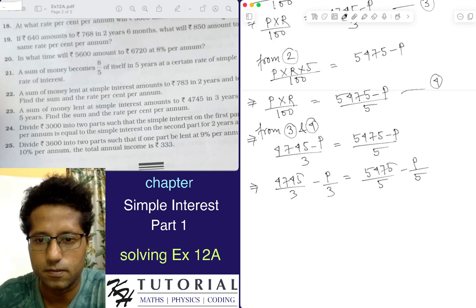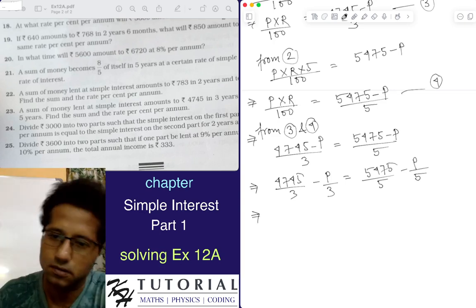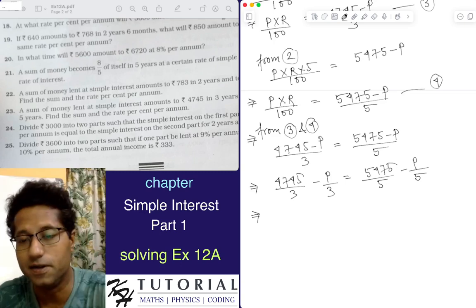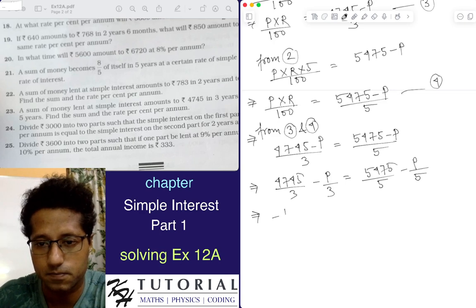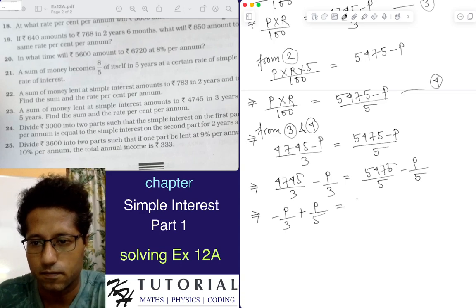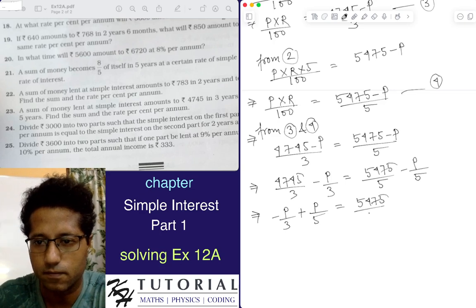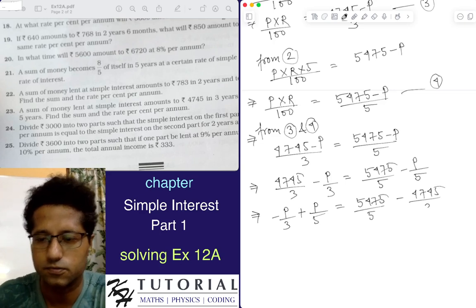Now if we bring all the P terms to the left hand side and all the constant terms to the right hand side, we get minus P by 3 plus P by 5 equals 5475 divided by 5 minus 4745 divided by 3.